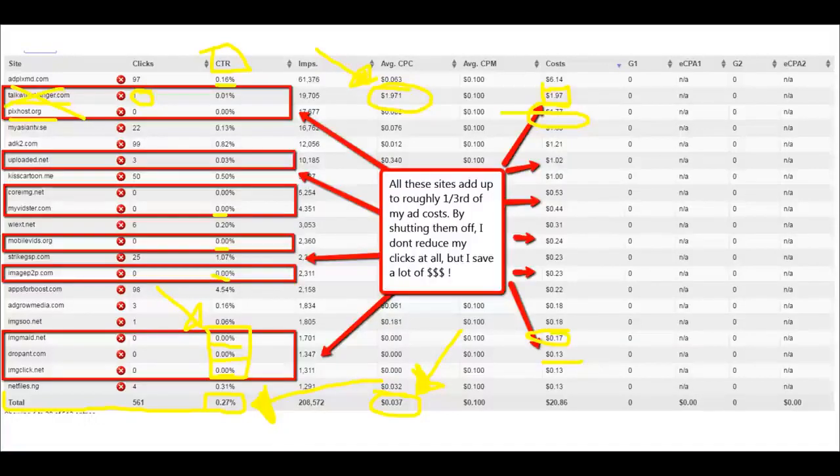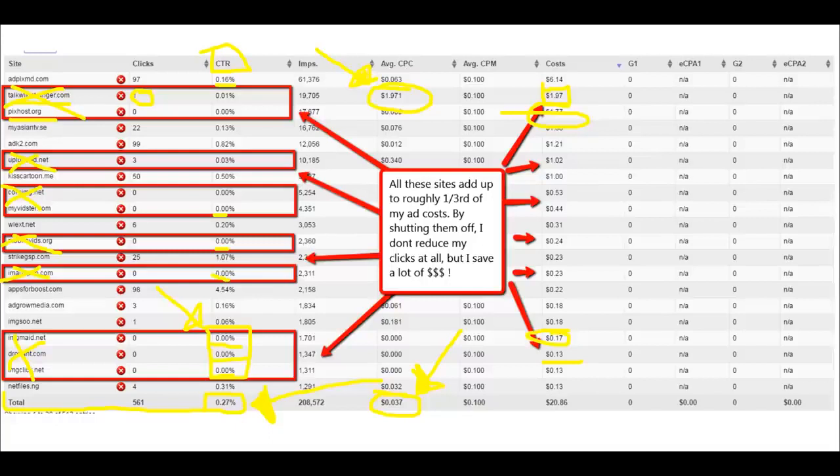So I want to get rid of all of these sites, and what I do is I basically exclude all of these sites, mobilevids.org, imagep2p, because I'm spending money and I'm not getting any results from it. I'm not getting enough clicks. So I get rid of all these sites to save my costs.